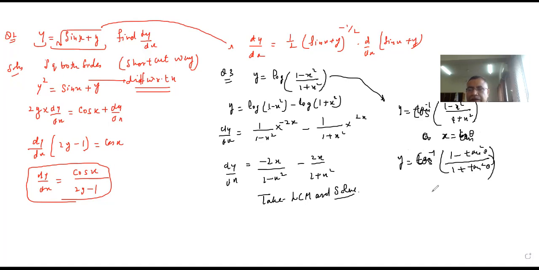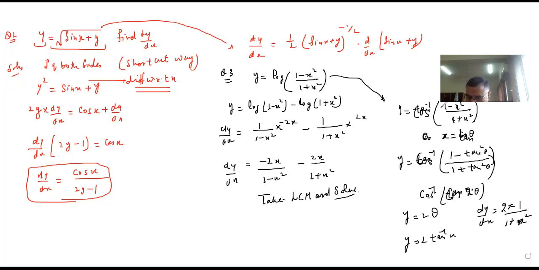So this is the value of cos 2 theta in terms of tan. So cos inverse and cos goes, so y is equal to 2 theta. Substitute the value of theta, y is equal to 2 tan inverse x. Now you can find the differentiation, dy by dx is equal to 2 into 1 over 1 plus x square. So this question can be like this. Everything you have to keep in your mind.